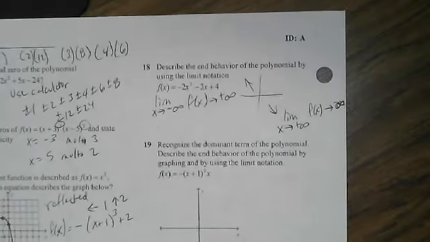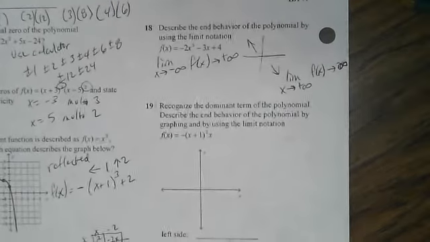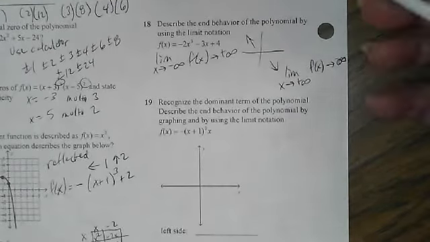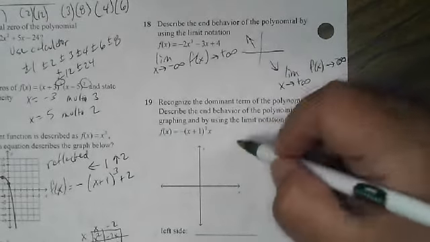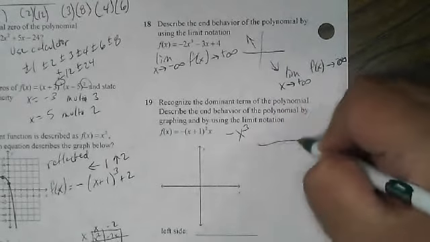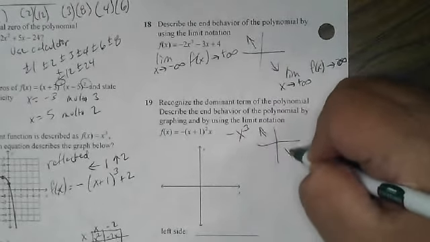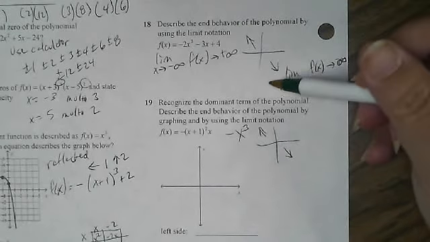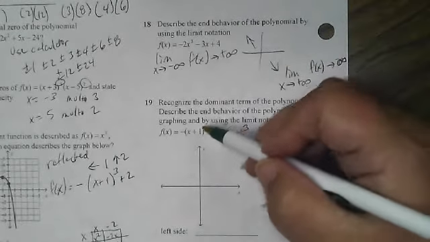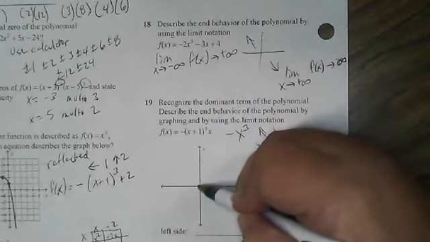Sorry. Number 19, same type of problem. This is x squared, this is x, so it's a negative x cubed. Again, it's going to look like that. We're going to graph it. So there's a negative 1 and a 0.